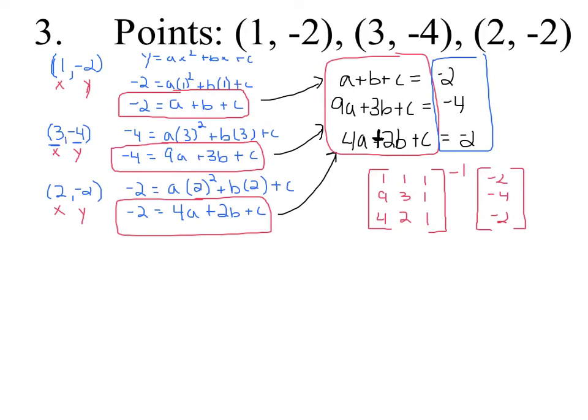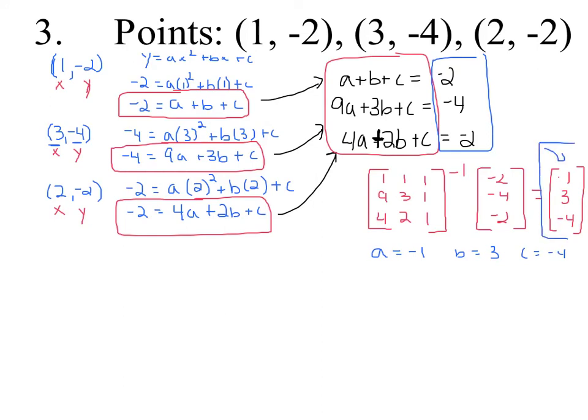Okay, so after you type this into your calculator, the matrix that you get from your calculator is negative 1, 3, negative 4. Well, if you remember, what that means is that your A is equal to negative 1, your B is equal to 3, and your C is equal to negative 4, because that's what this answer gets you.